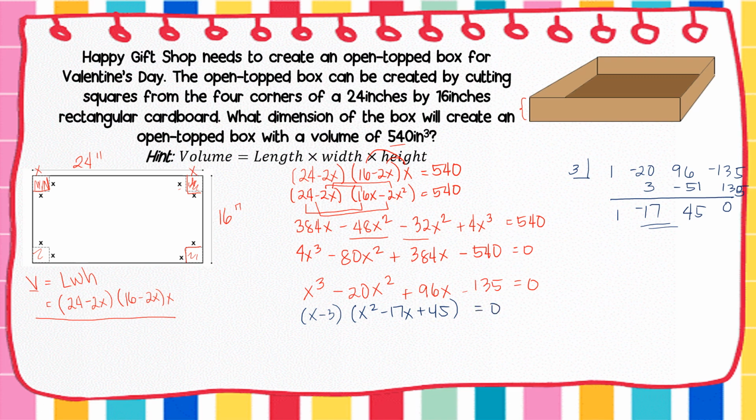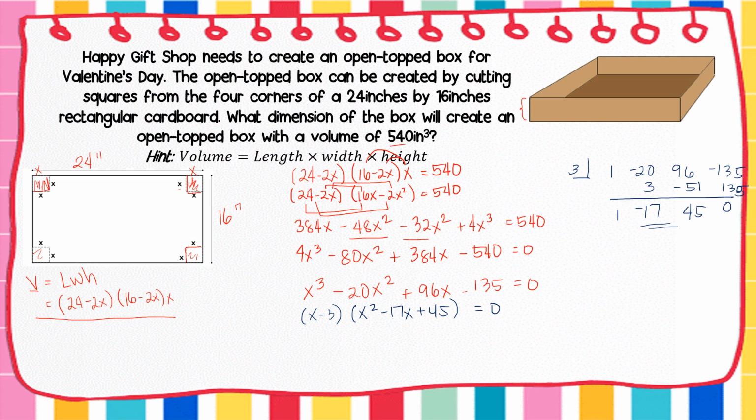But we can find its roots. How? Using the magic quadratic formula. Remember that negative b plus or minus square root of b squared minus 4ac, divided by 2a. Good.